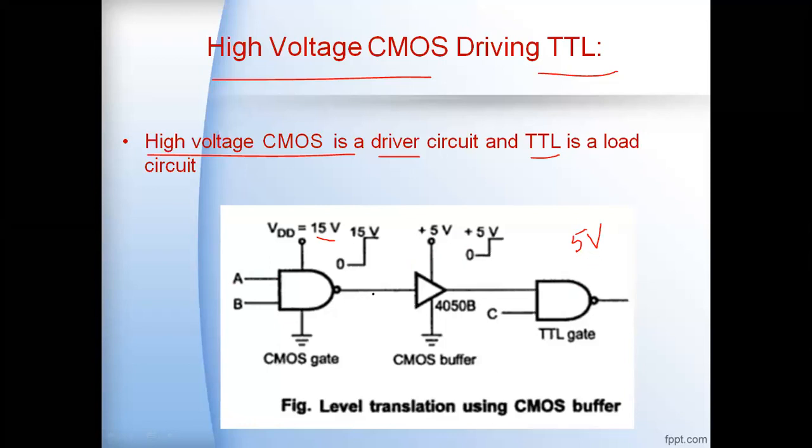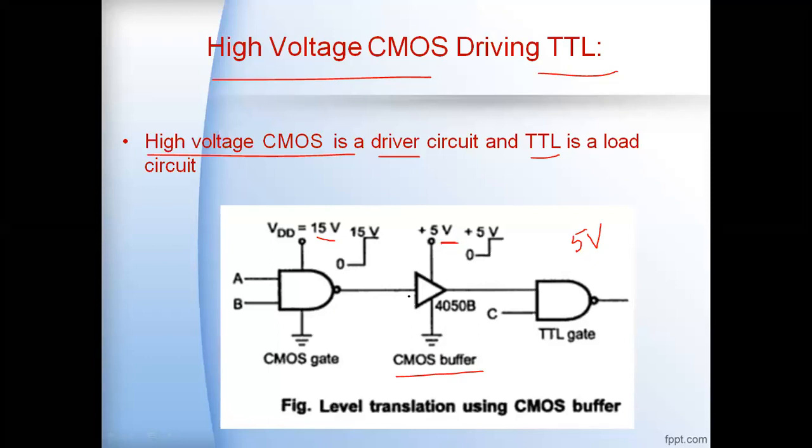So now, to connect the TTL input gates to the higher voltage CMOS gate outputs, here we are using again the CMOS buffer 4050B, where the maximum voltage is 5 volts. When the operating voltage is 5 volts, this CMOS buffer cannot give a voltage greater than 5 volts.